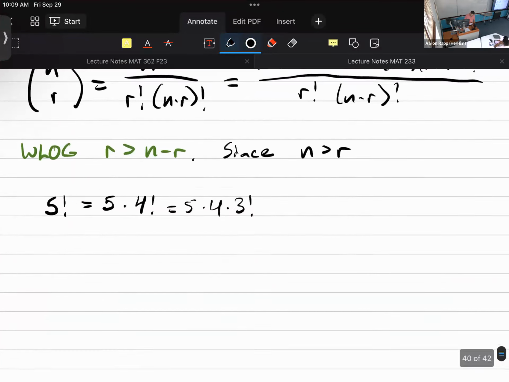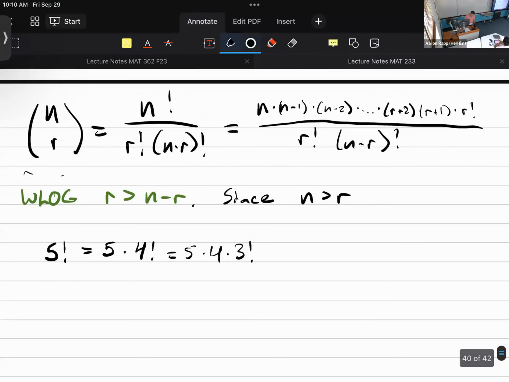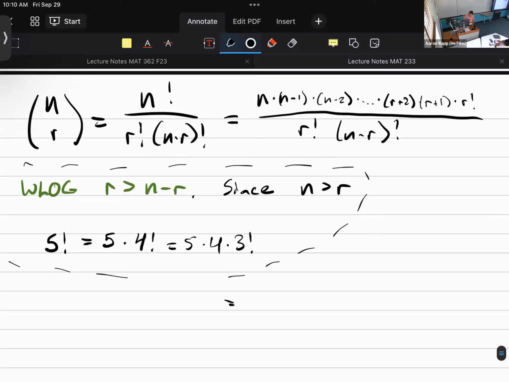And don't worry, you won't be quizzed on this. But then what does that leave me with? I guess this is just n times n minus 1 and so on, divided by n minus r factorial, and you could probably go through and make an argument that says if you look at the prime factorization of any of these, it's got to show up here as well.